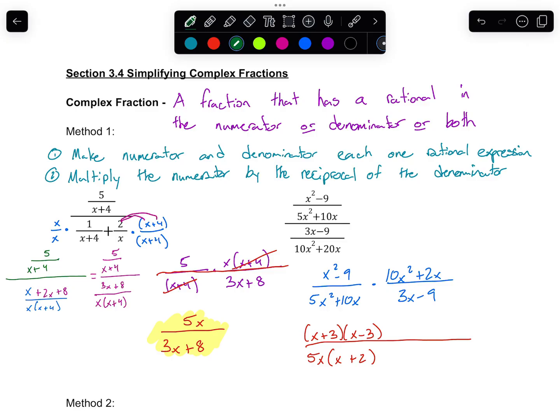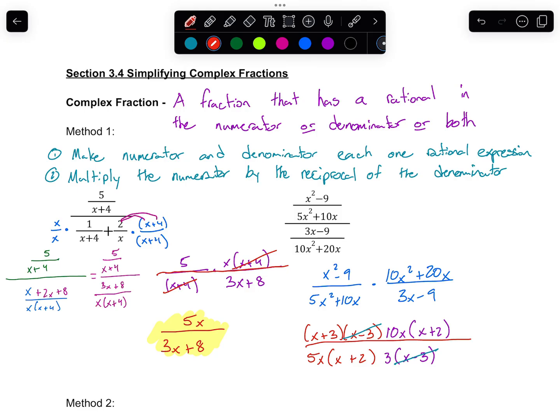Then we look at the second part. Well, that should be 20x, not 2x, 20x. I have a greatest common factor of 10x, and so we get x plus 2, and then greatest common factor of 3, getting us x minus 3. So looking to simplify, I know I have an x minus 3 here and x minus 3 here.